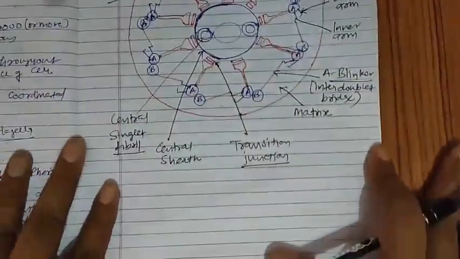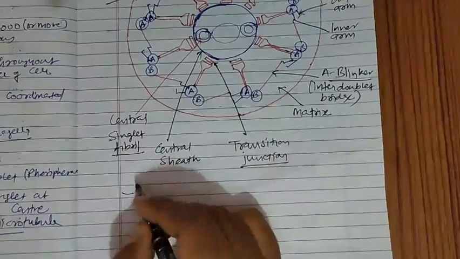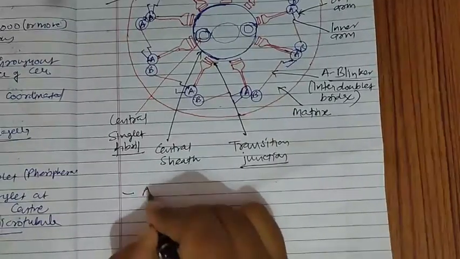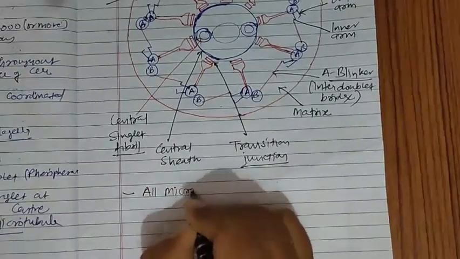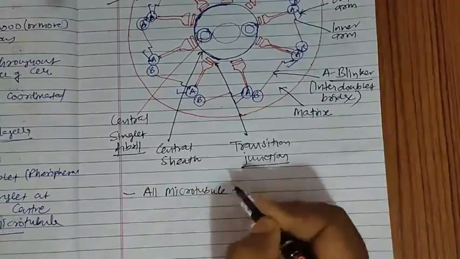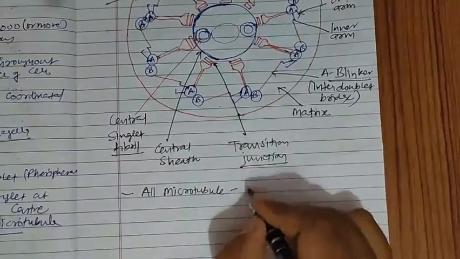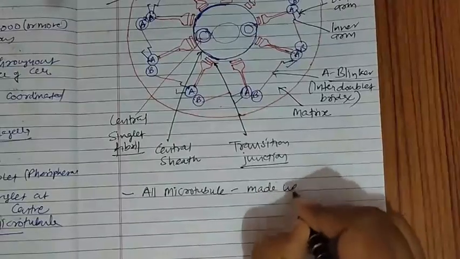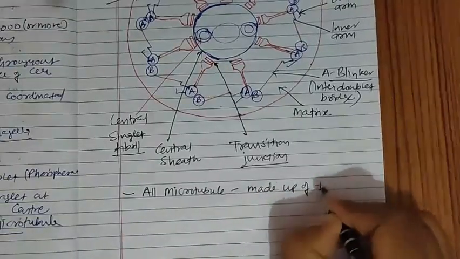Now in this structure, if we note down some of the points, then we find that all microtubules are made up of tubulin protein.